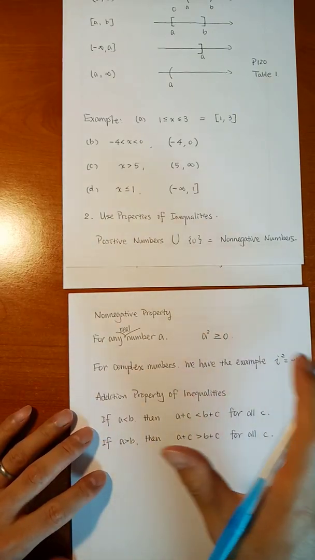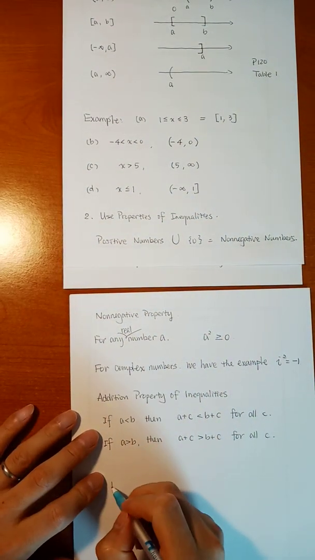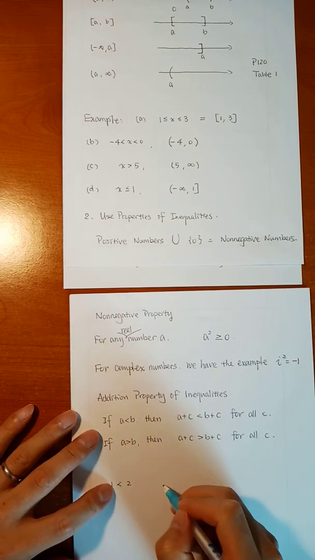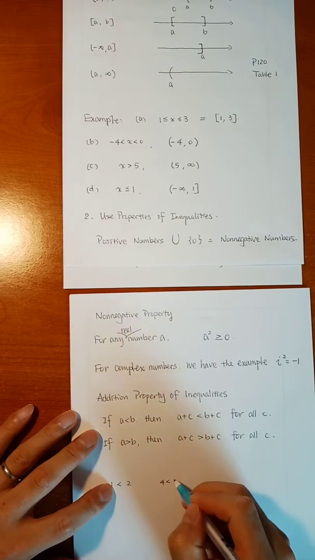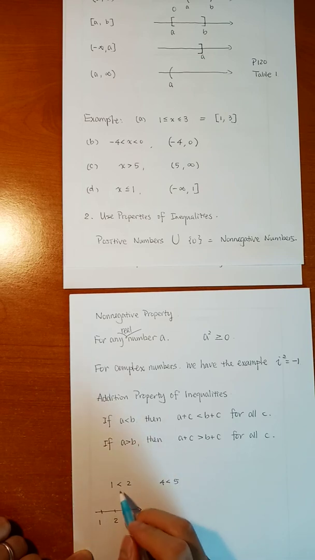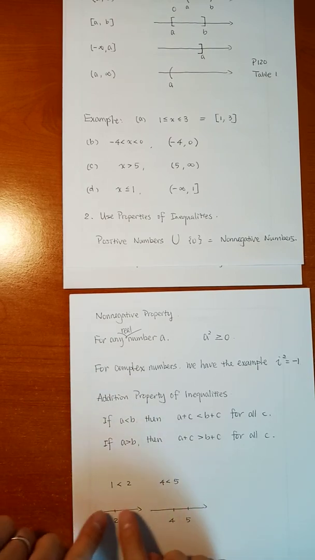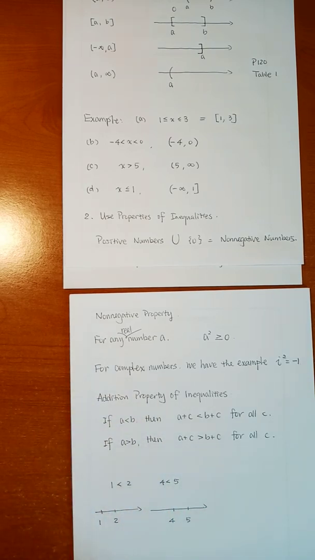Basically, addition means a shift. So, for example, if you have 2 less than 1... sorry, 1 less than 2, you add 3, you get 4 less than 5. You just shift. 1 is here, 2 is here. Just shift this relative relation, to 4 here, 5 here. You move them together 3 units to the right.